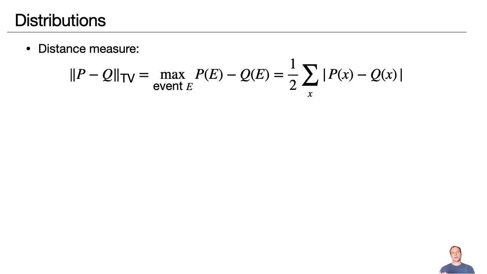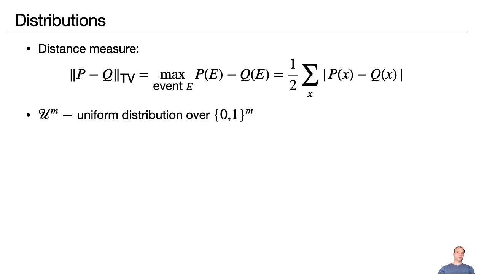The parity example was nice because we were able to exactly output the distribution of interest. But sometimes this is too much to ask for and we have to be happy with approximations. Now in this case, of course, we need some distance measure to quantify our approximation, and we use the standard total variation distance.